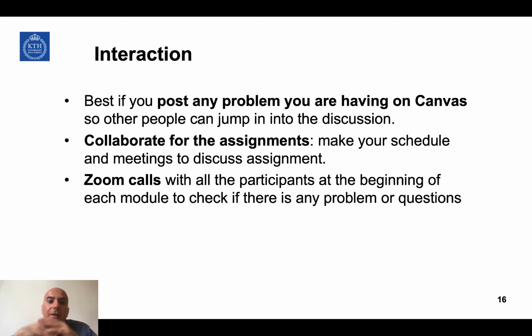So rely on working with other students in an effective way. Also, I will organize some Zoom calls just to touch base with you, basically at the beginning of each module, to check if there is any major problem or question that you want to bring in.